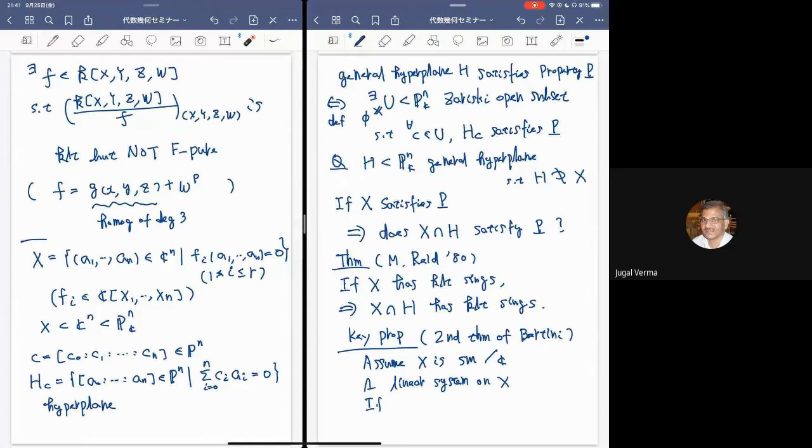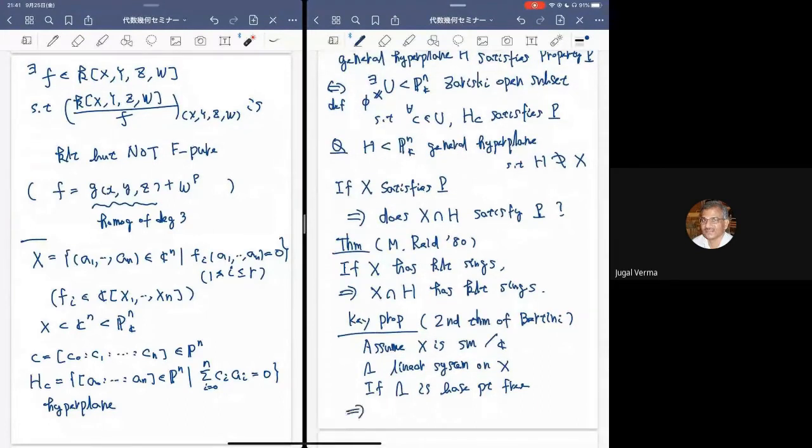Anyway, if this linear system is base point free, if the linear system satisfies a good condition, then a general element of lambda is also smooth. If X is smooth, then a general element of a base point free linear system is also smooth. That is the statement of Bertini.